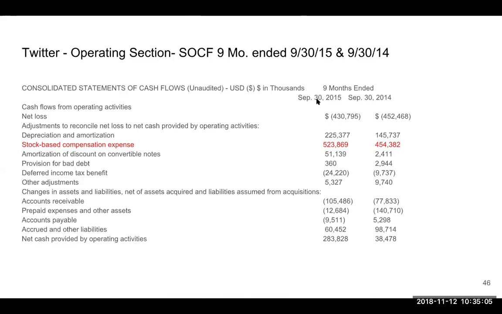Another one, when we're looking at Twitter for the 9 months ended September 30th, 2015 and September 30th, 2014, it was at a loss of $430 million, but if I added back the stock compensation alone, Twitter becomes profitable. Same thing here. I was at a loss of $452 million. I add back the stock compensation expense, Twitter becomes profitable.